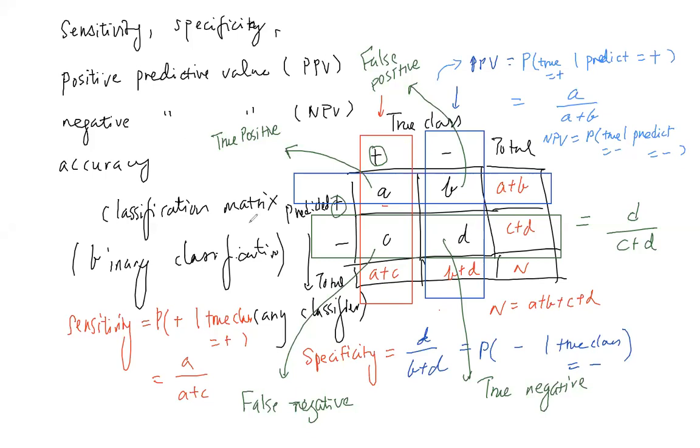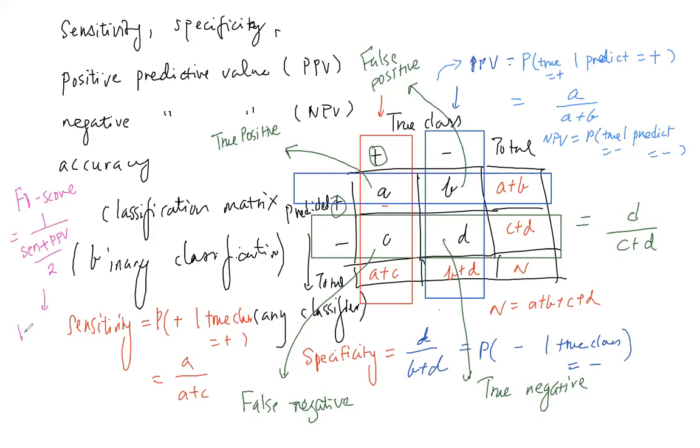So you have all these things, and then if you read the literature, they have some additional metrics, like sometimes they report something called the F1 score. The F1 score will basically be equal to the following. It's 1 over the average of 1 over sensitivity and 1 over PPV, divided by 2, right?